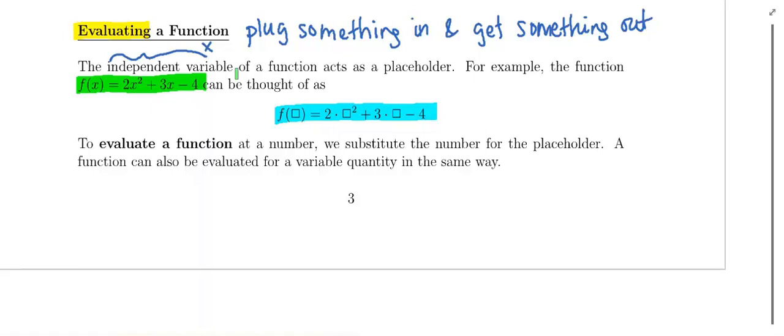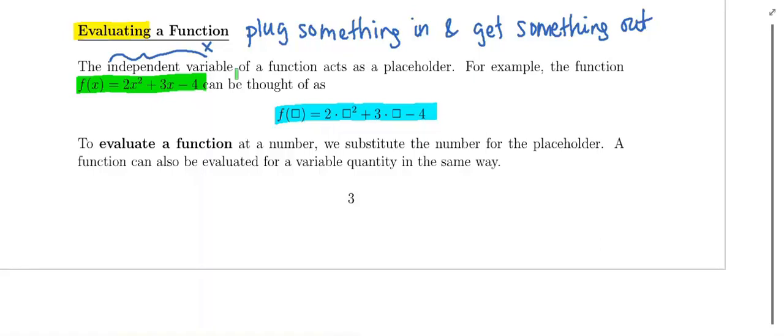A function can also be evaluated for a variable quantity in the same way. What that last statement means is that most of the time we're used to plugging in a number and getting another number as an output, but sometimes you can plug in more complicated quantities that have variables in them, and then your answer will not be just a number, it will be a more complicated quantity.